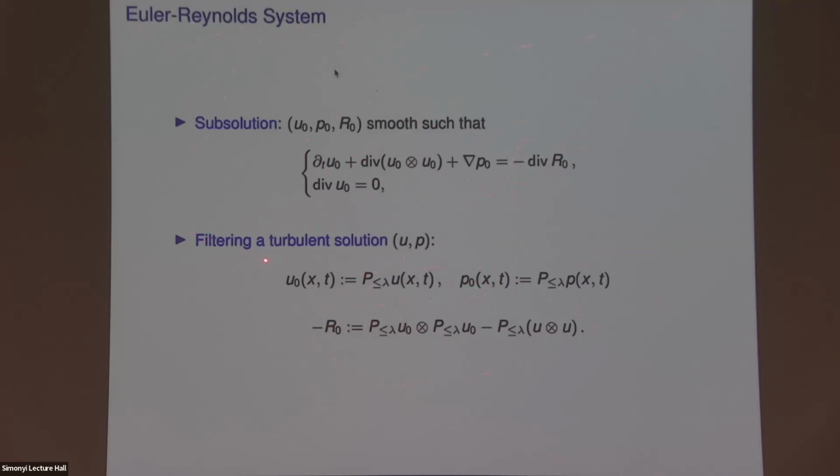So instead of regularizing turbulent solutions, we start from a subsolution. Maybe sometimes we have to assume certain properties of the subsolutions. In other applications, subsolutions are just functions, random functions. We don't have to specify exactly what the properties of the subsolutions are.